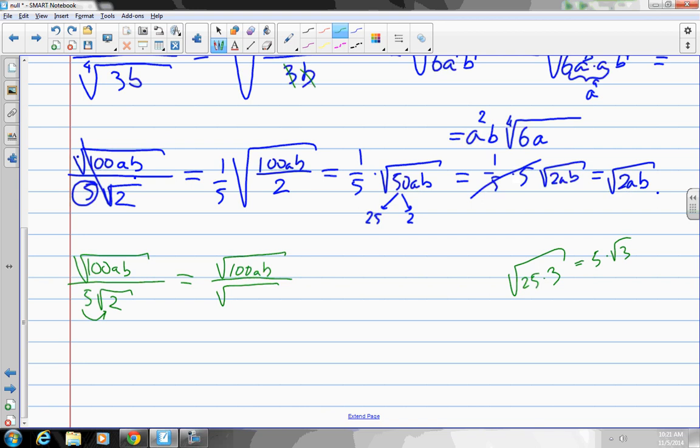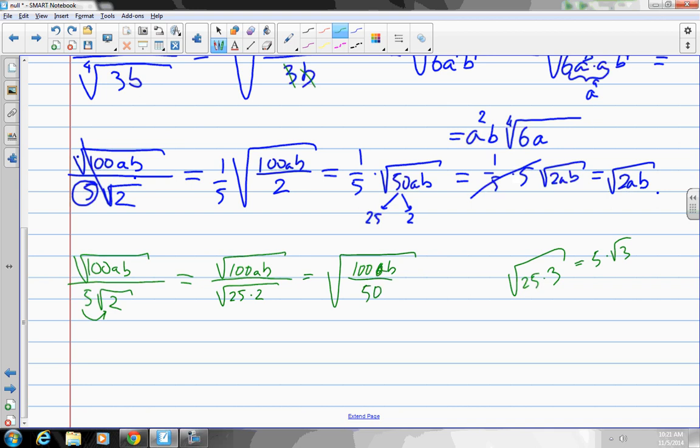So if you have a 5 on the outside and you want to push it inside, you square it. Whatever the root was, if it was a cube root, you will cube it. If it was a 10th root, you raise it to the power 10. So if 5 goes back in, it becomes 25 times 2, which is a big square root of 100ab over 50.